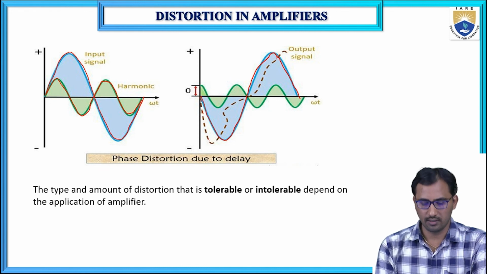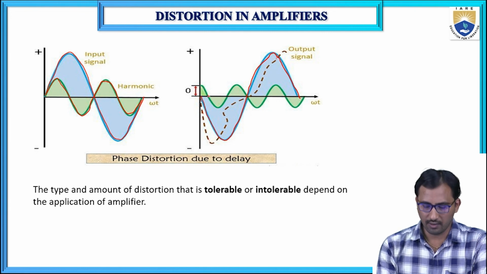Phase distorted, because if you see the second harmonic, it is started with this point. But actually, it has to start from the center of this point. Instead of that, it is started with this one.